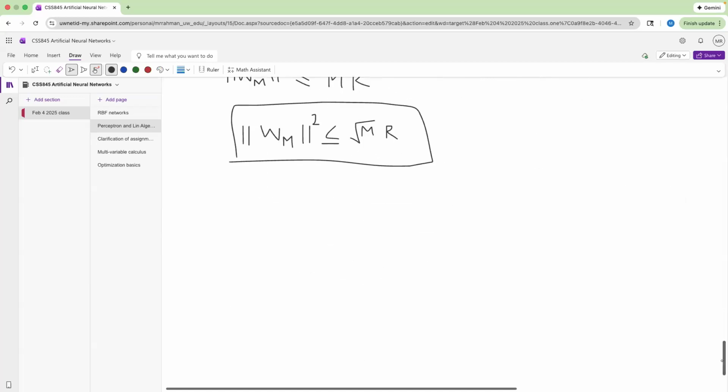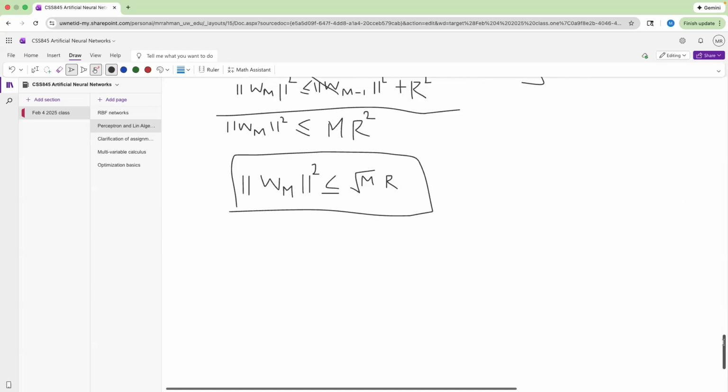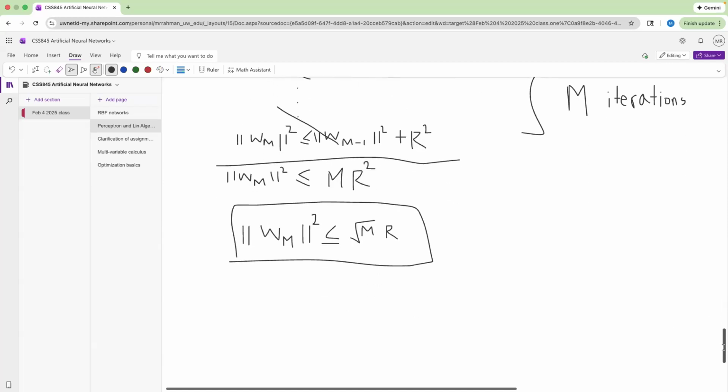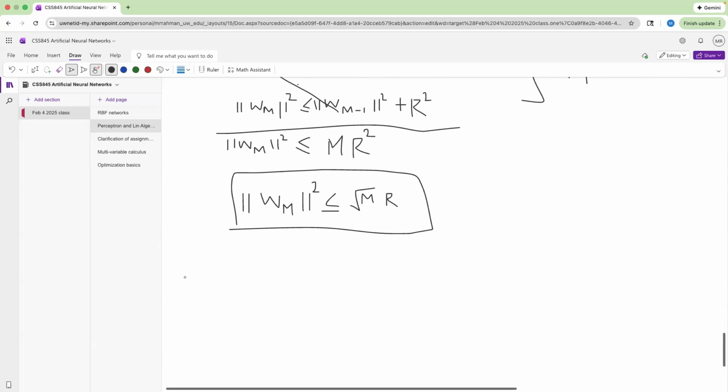What we want to show is that by the time we make these m mistakes, we can only make a finite number of mistakes. That's our goal here. Okay, so now in step 3, we're going to combine these two bounds.